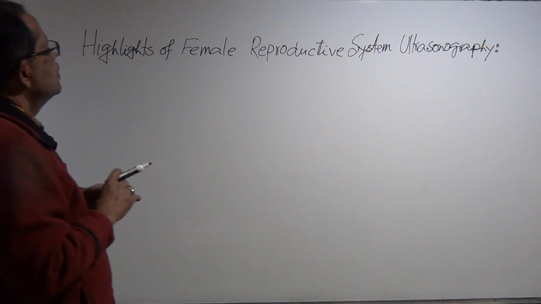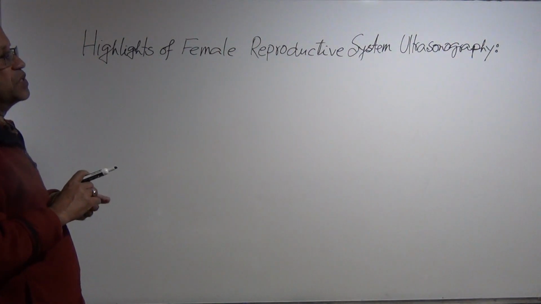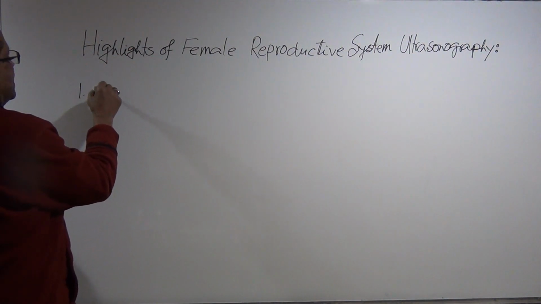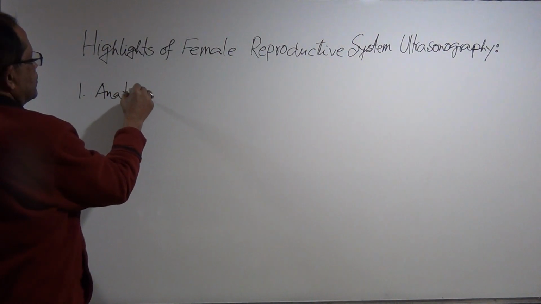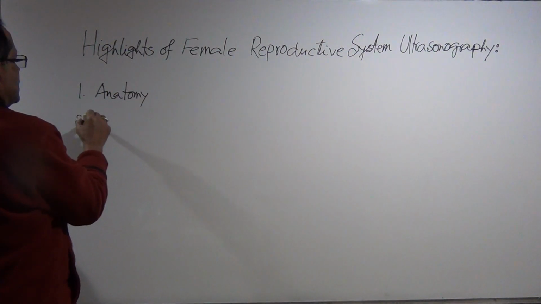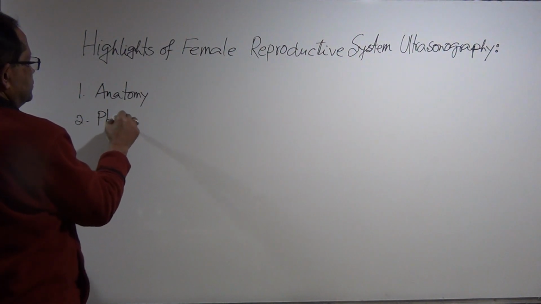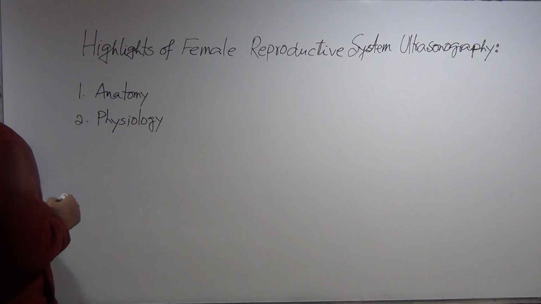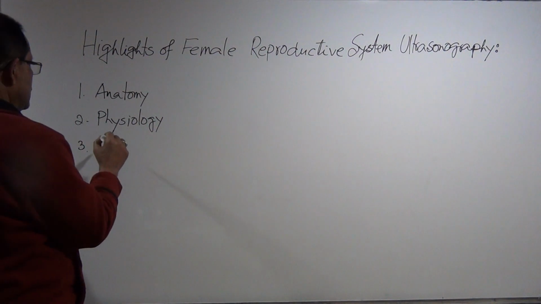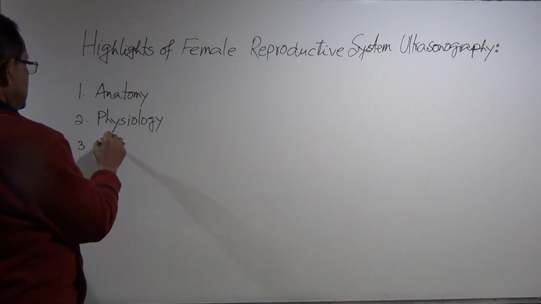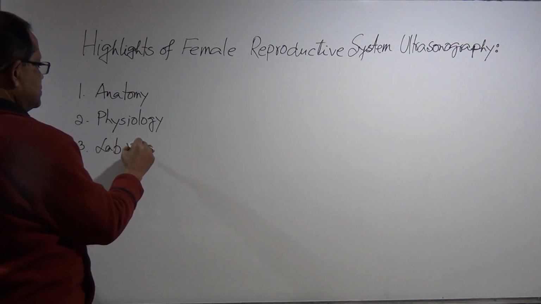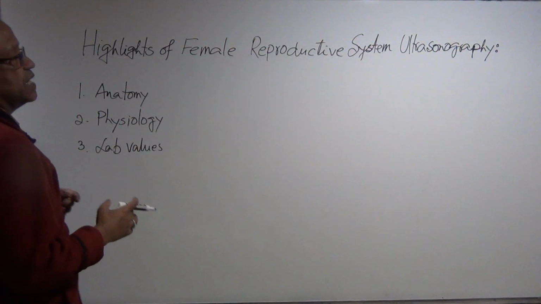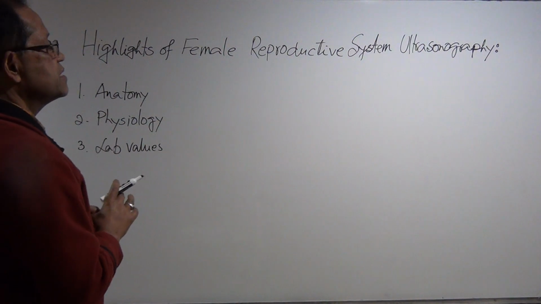In highlights of female reproductive system ultrasonography, you need to know details about the anatomy and physiology, and then you need to know the lab values that help in diagnosing the female reproductive diseases.